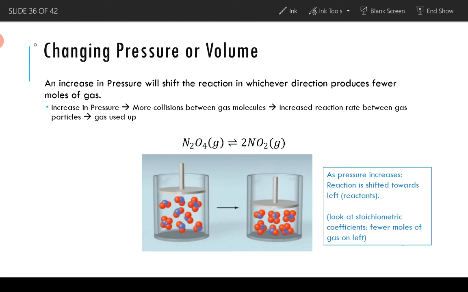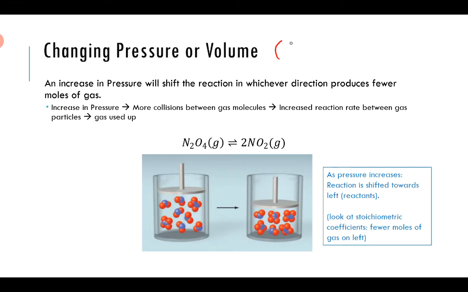All right, now let's talk about how changing pressure or volume would affect things. So this is mostly for gases. Gases is what we have to worry about pressure and volume for. But it says an increase in pressure will shift the reaction in whichever direction produces fewer moles of gas.